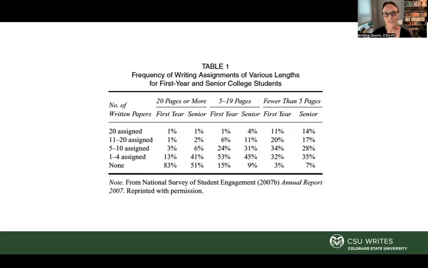I suspect that it's significantly changed. But somewhere in this kind of middle space, you see the number of pages where first year and senior writers get 5 to 10 assignments of 5 to 19 pages. I would bet that a lot of 5-page articles or essays are required from students.